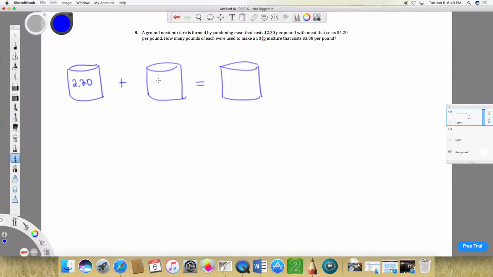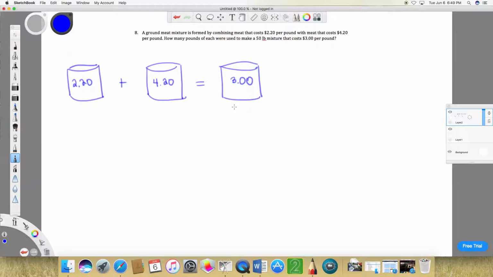We have some other meat that's more expensive that's $4.20. And the combination, this final mixture, should be a number that's in between these two values, and that's a mixture that's $3 per pound, and 3 is between those two values.